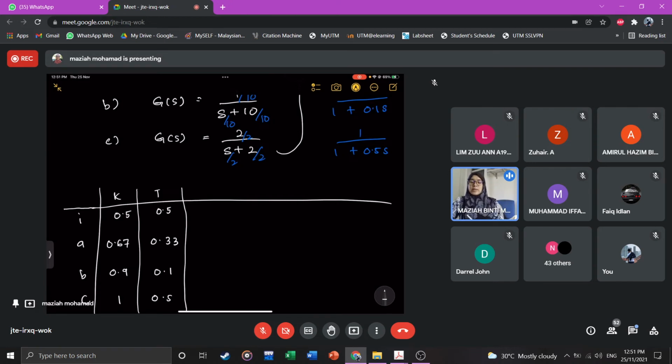Right, you already know that the K value will give you the final value. We can calculate Y final is equal to K multiplied with U. Our U here is equal to 1 because it is a unit step input.